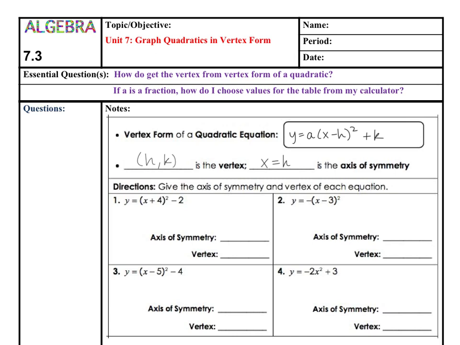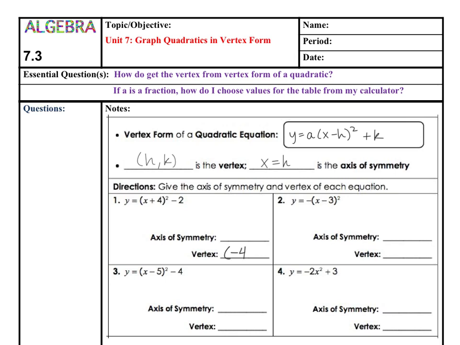y equals (x plus 4) squared minus 2. You are asked to give the axis of symmetry and the vertex of each equation. So our vertex here, we're going to change the sign of this right here. So instead of plus 4, it's going to be negative 4.